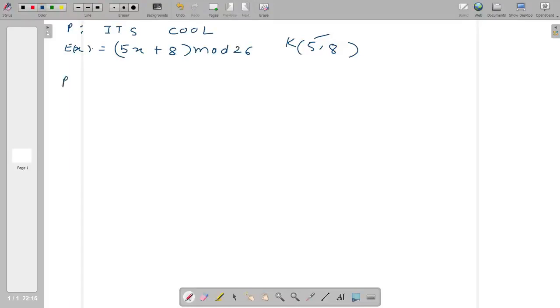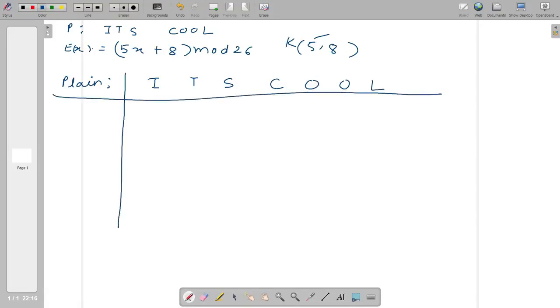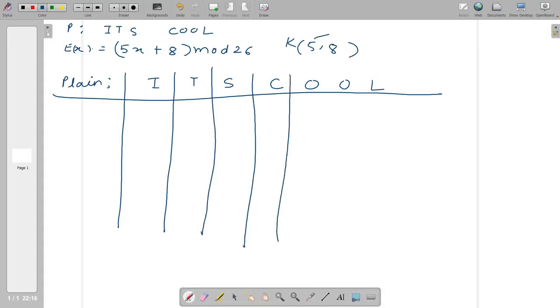Now how to write it? Let's make a table for this. First write the plain text: it's school. Now we are going to write x, the number which is equivalent to the plain text alphabet.